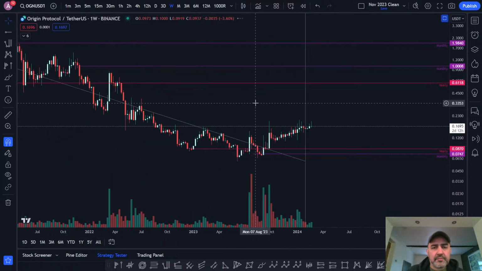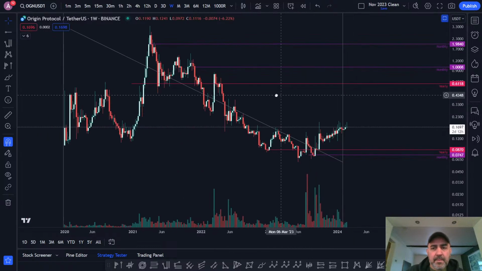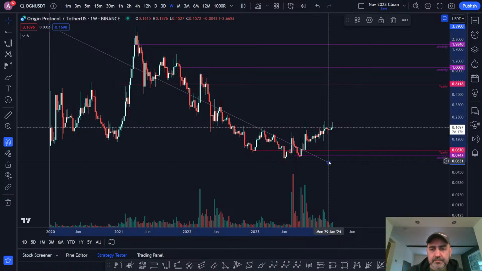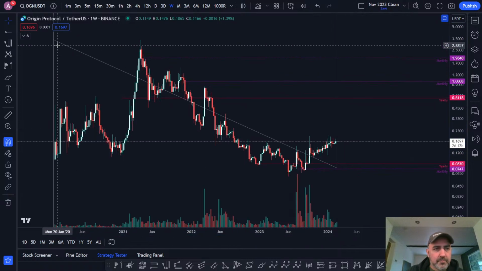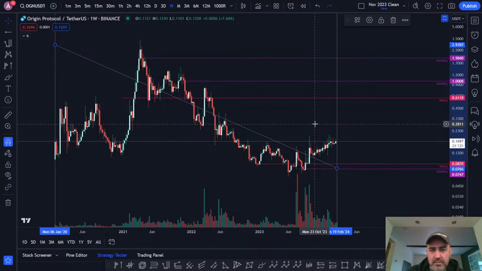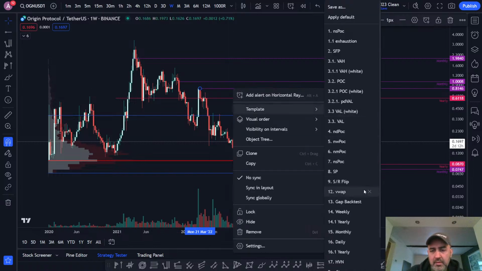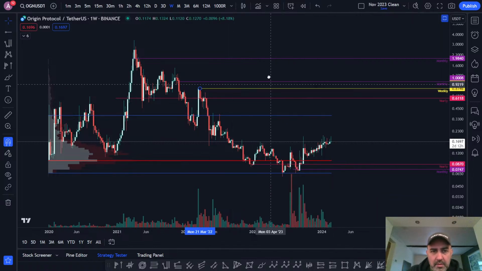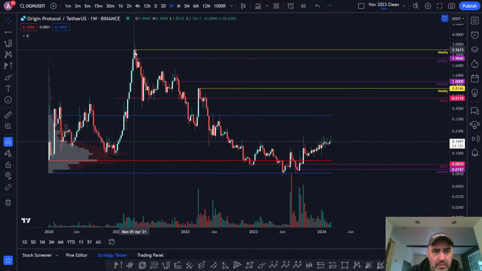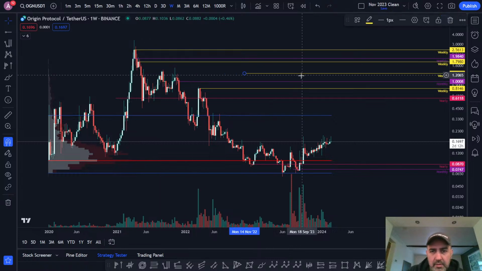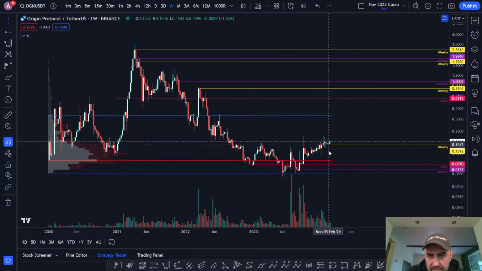Weekly. Let's see if there's anything. We're into a weekly level now.